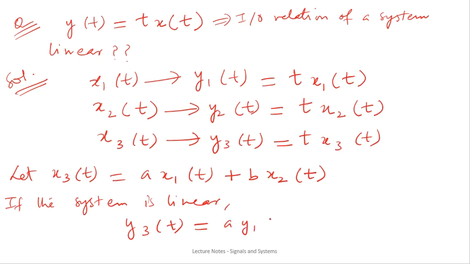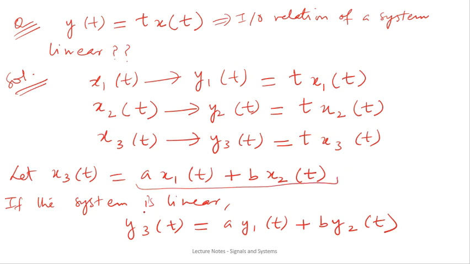the output should be a times y1(t) plus b times y2(t), because you have assumed this third input to be the linear combination of the first and second inputs.